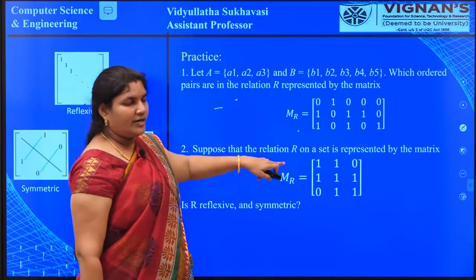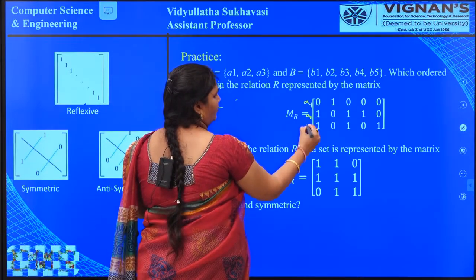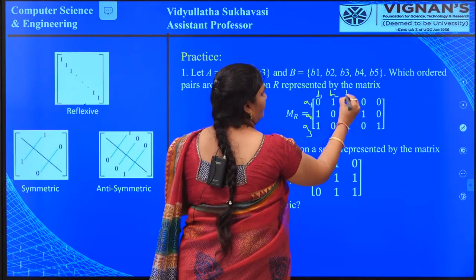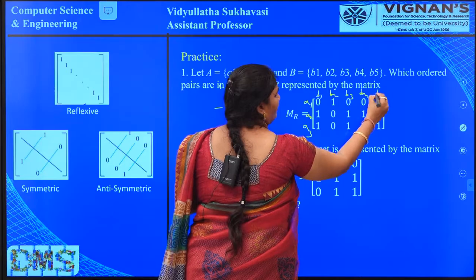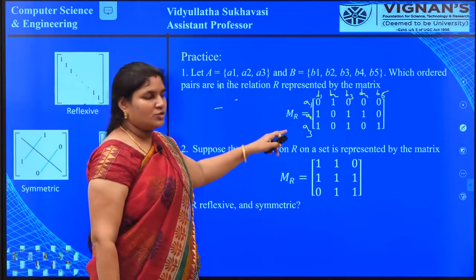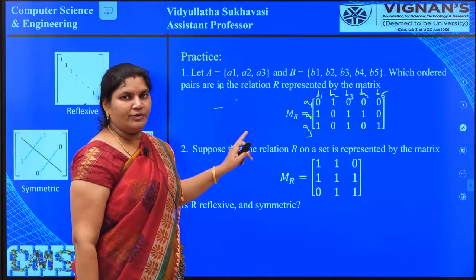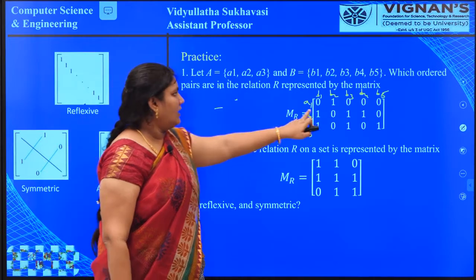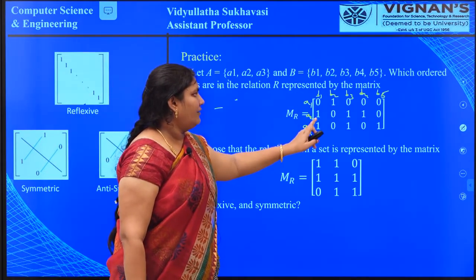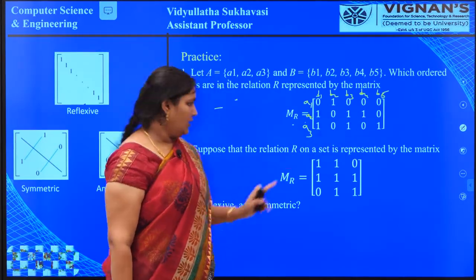For that we will take A1, A2, A3 and B1, B2, B3, B4, B5. Whichever value has 1, those ordered pairs only we are going to take as combinations. Like here we have 1, that is A1, B2. Next here we have 1, that is A2, B1. Likewise you need to write all the ordered pairs.